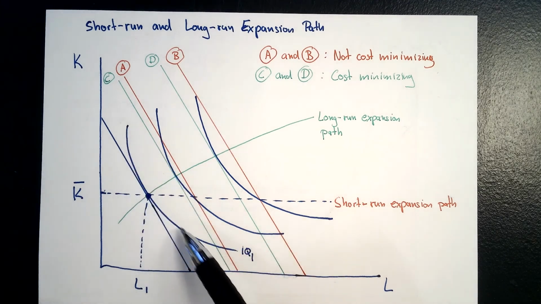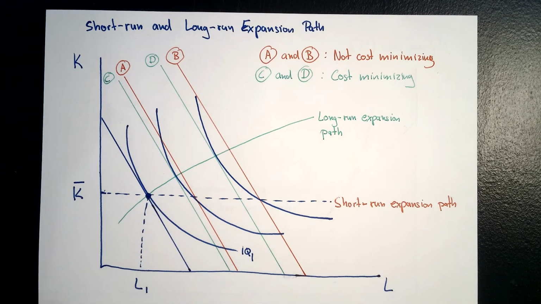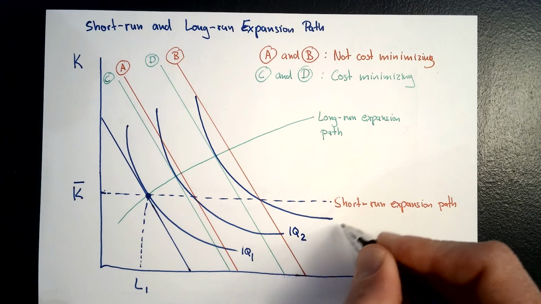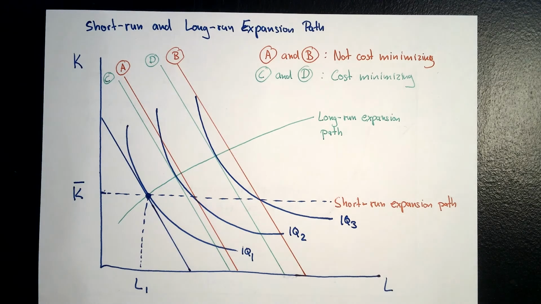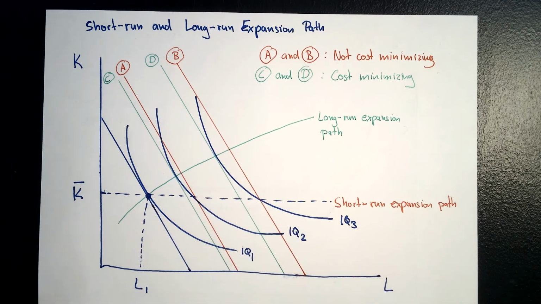You have the isoquant, you have the isocost, and they are tangent at this point. Now suppose that for whatever reason the firm has to increase output. So you have IQ2 and IQ3. Those are isoquants that are associated with more output.